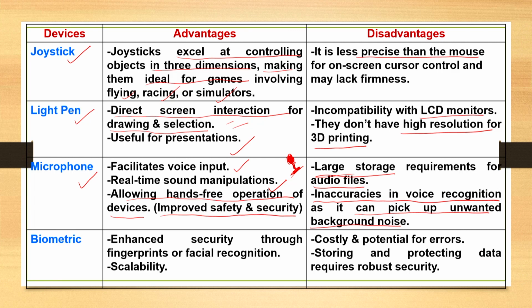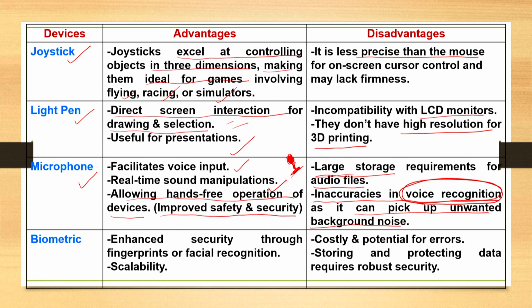You might have seen some ads where people, while entering their home, say something, some sort of password, and the door opens. How can it be done? That is through voice recognition.